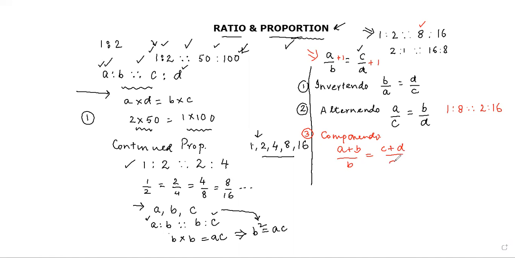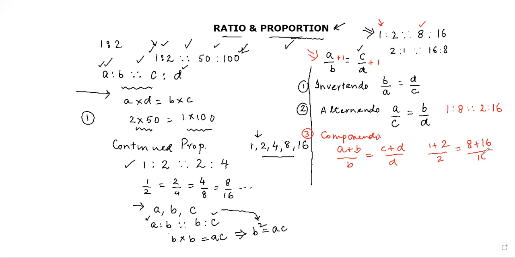Right? Should I try it here? 1 is to 2 is the same as 8 is to 16. Let's try it. So A plus B, which means 1 plus 2 upon B, which is 2, is this equal to 8 plus 16 upon D, which is 16?